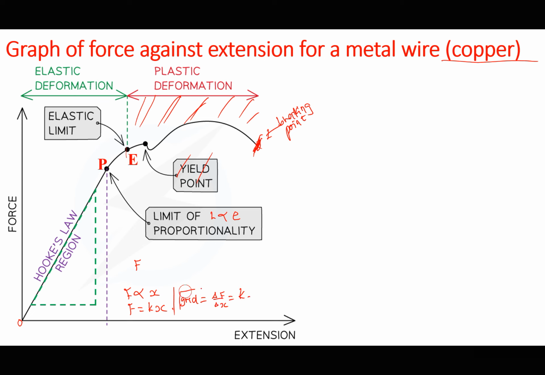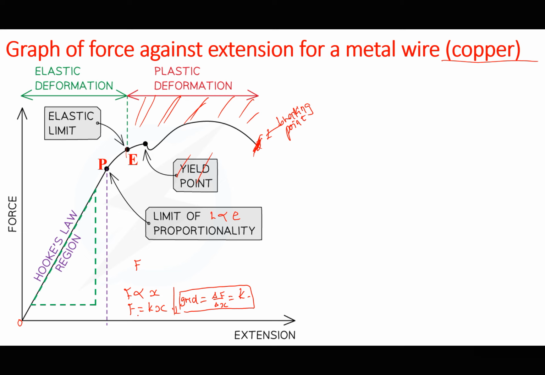So in this case, the gradient is equal to the constant of that material. If it is a wire, it is the constant of the wire. If it is a spring, we would call it a spring constant. So this could be called the force constant of the wire. Because for the straight line, the load F is directly proportional to X, removing the proportionality sign and introducing a constant, F is equal to kx.